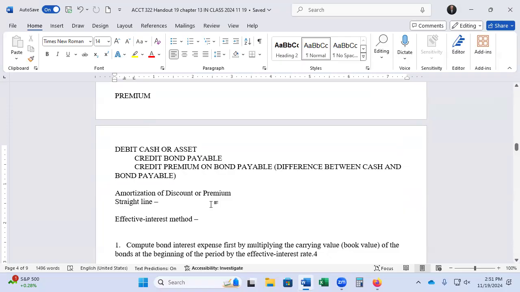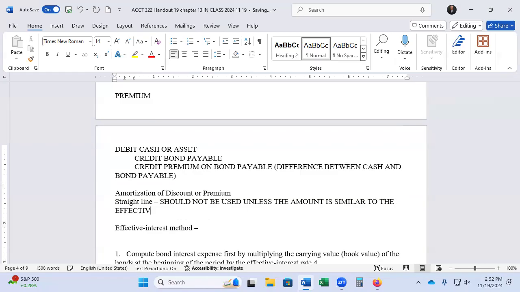Okay, straight line should not be used unless the amount is similar to the effective interest method or not material to the statements.